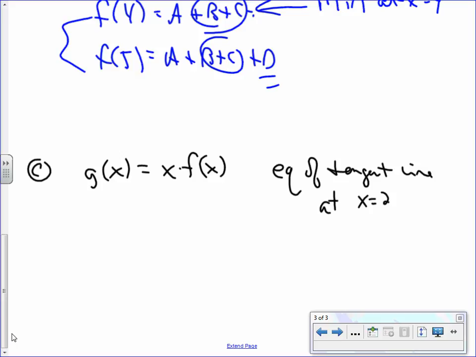G, I want the equation of the tangent line at x equals 2. Anytime you have to write the equation of a line, what two things do you need? A point and a slope.